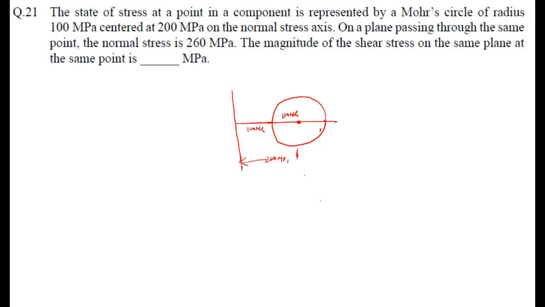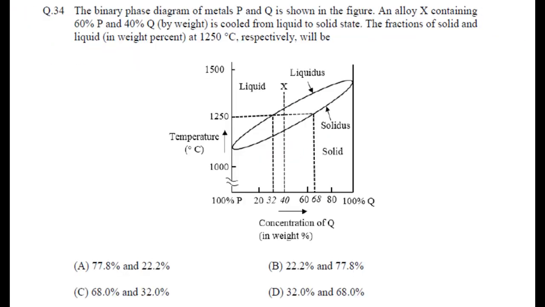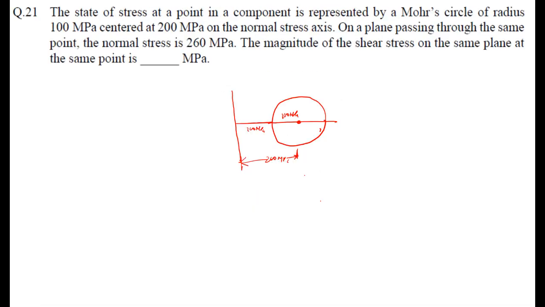In the question, it is asking about a plane which has a normal stress of 260 MPa. We have the normal stresses like sigma x and sigma y. Suppose sigma x is 260 MPa, then this plane will be at a certain angle relative to the initial plane condition. We don't know the angle, but we know that the normal stress is 260 MPa.